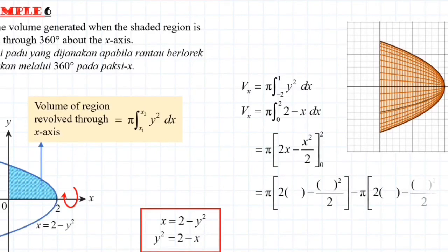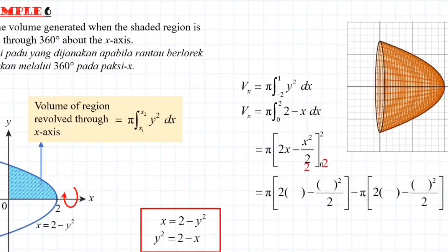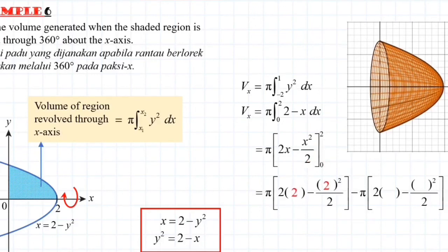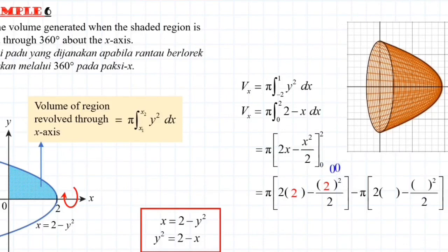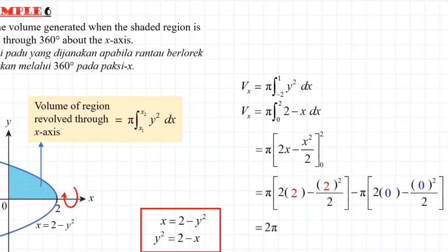Please make sure you double check you are doing the right thing. Substitute the upper limit 2 first into the x, and then minus the lower limit. Then only you press your calculator carefully. So leave your answer in pi form unless there is an instruction given. So the answer for the volume is 2 pi for this question.